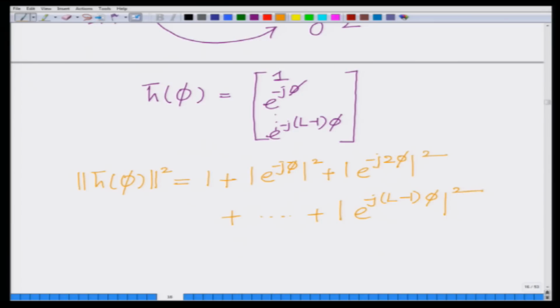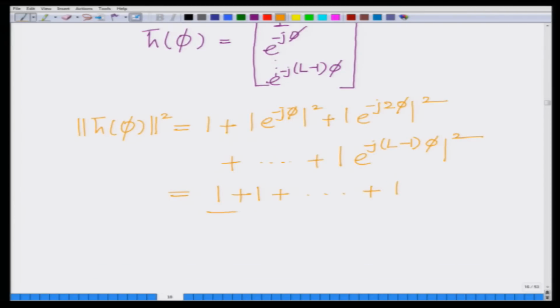All of these are phase factors, so the magnitude squared is 1, which is basically 1 plus 1 plus 1, L times. This is the sum of 1 taken L times, and this is equal to L. So, norm of h bar phi whole squared equals L.